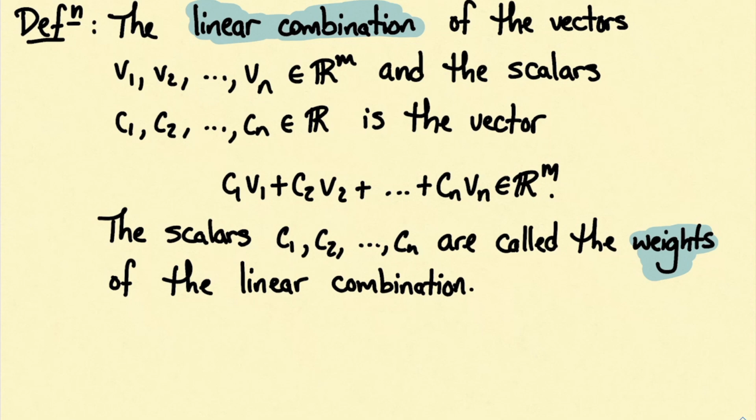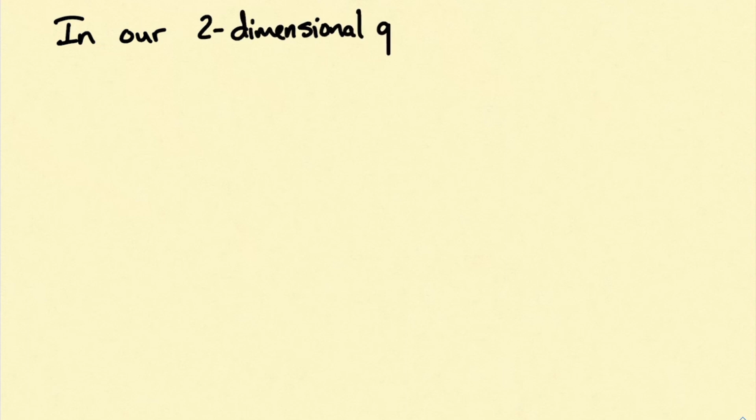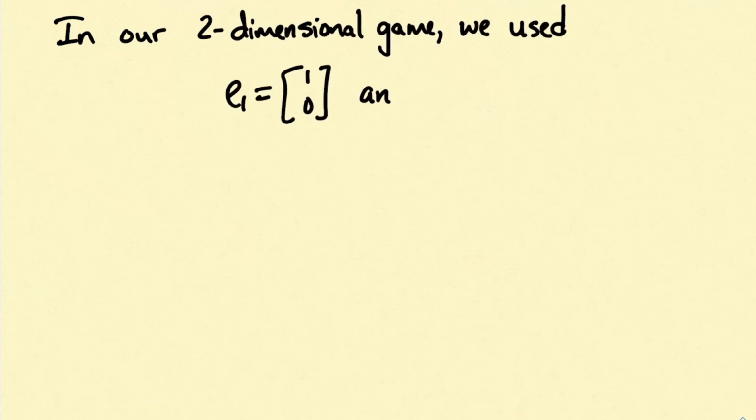To make geometric sense of this definition, we once again appeal to our simple two-dimensional game. We used two special directions, E1 and E2. We identify E1 with the unit vector in the positive x direction, and E2, the unit vector in the positive y direction.